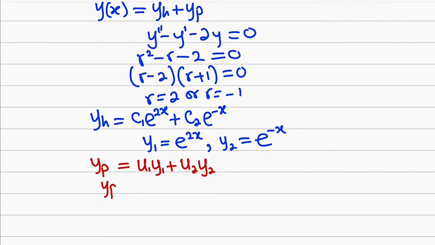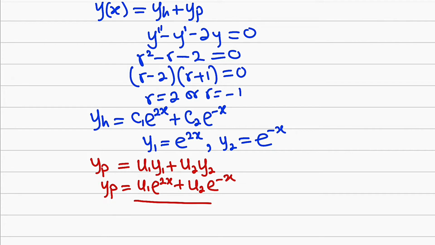We have y_p = u1 e^(2x) + u2 e^(-x). So now all we have to do is find u1 and u2, and plug them back into this equation to obtain the particular solution. But remember that we have derived two important equations that we need to use in order to find u1 and u2.